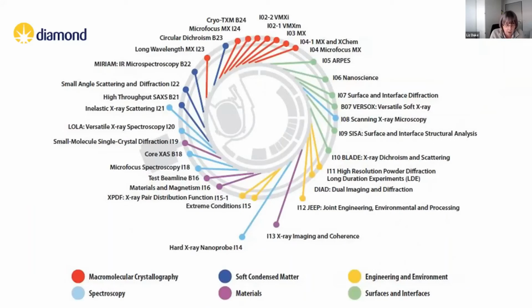So you'll probably have heard a lot about macromolecular crystallography and the use of synchrotrons for structural biology, and so most synchrotrons have structural biology beamlines. There are also spectroscopy beamlines where you can do elemental analysis, and also there's the opportunity to use your synchrotron to do imaging. And so I will focus on what we can do using X-rays to image.